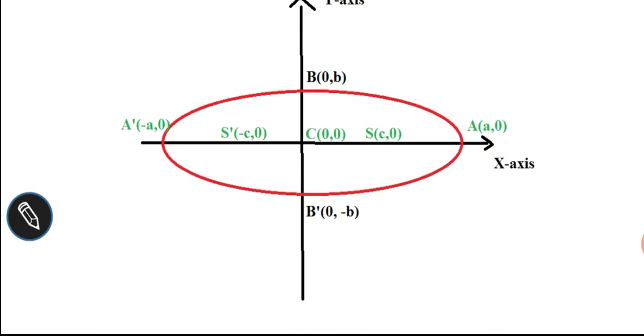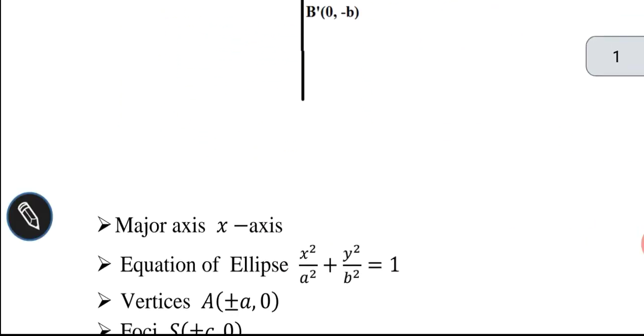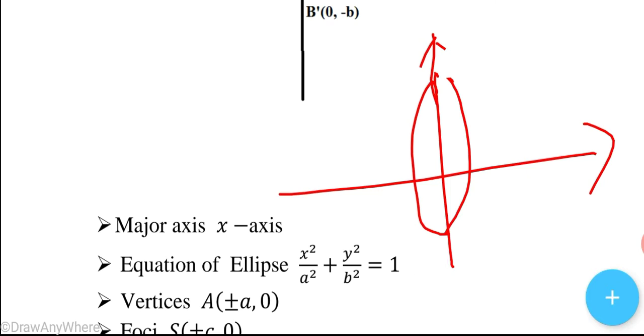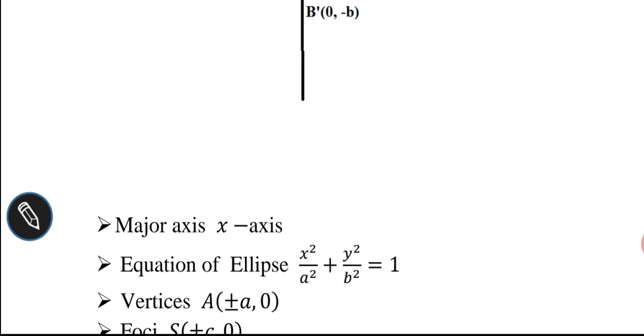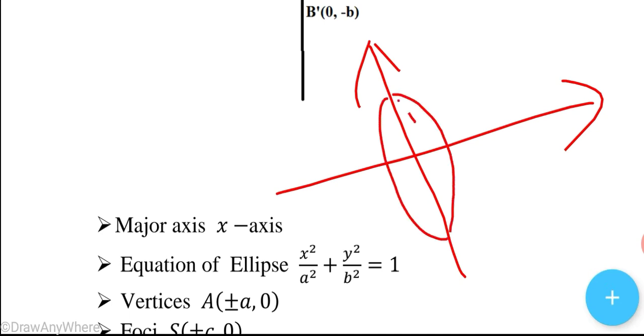Such kind of ellipse is called an ellipse whose major axis is along the x-axis. Suppose the diagram lies along the y-axis, then such kind of ellipse has its major axis on the y-axis.